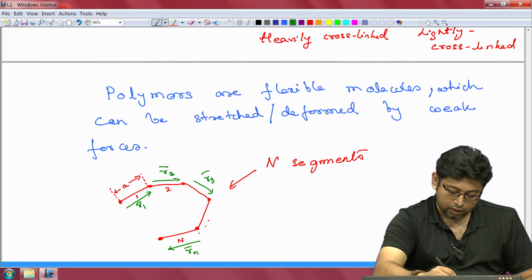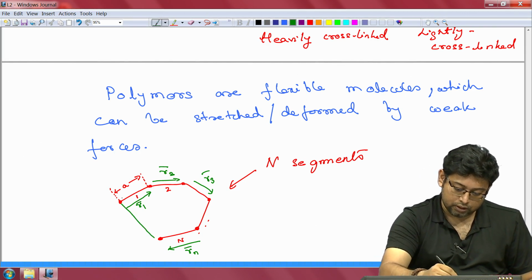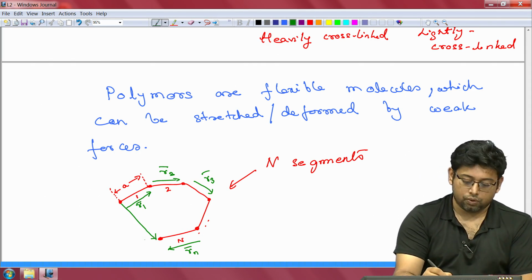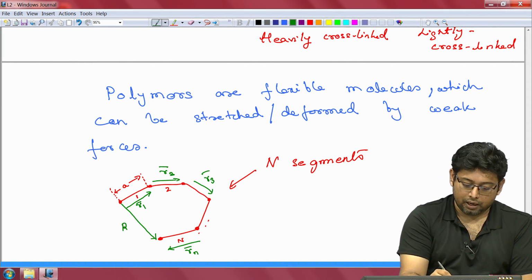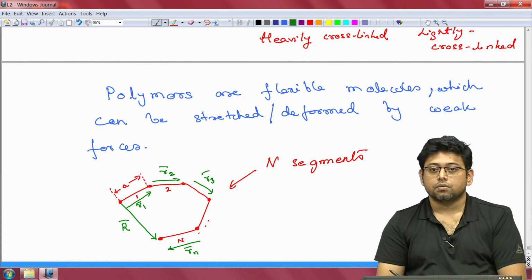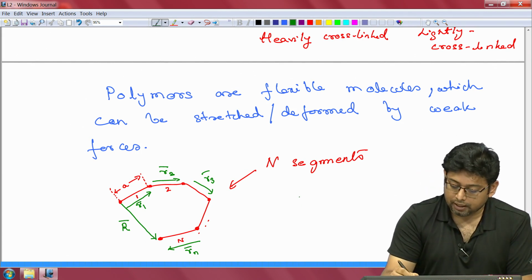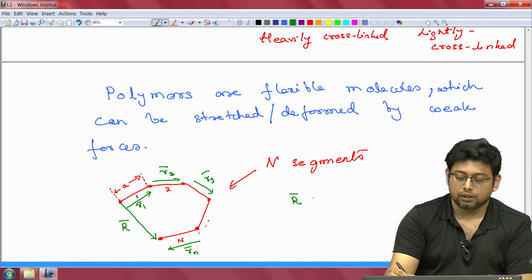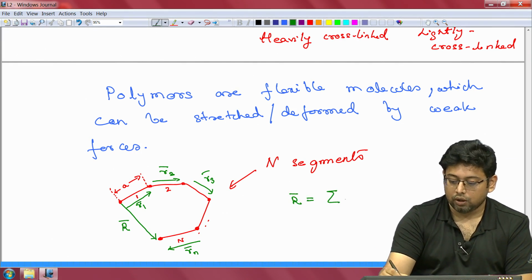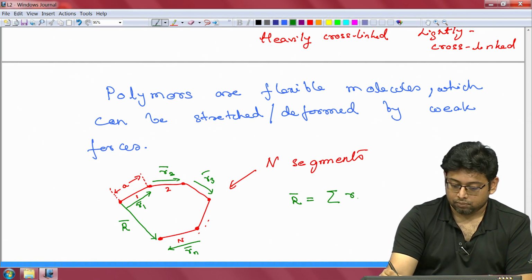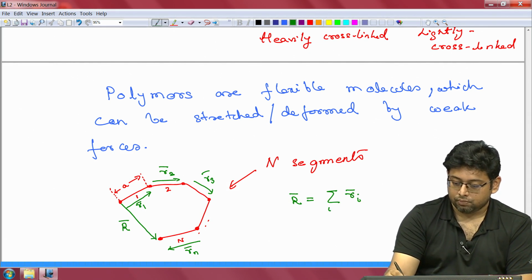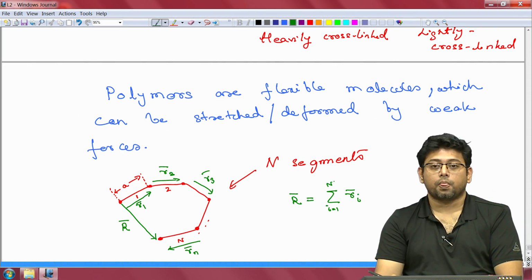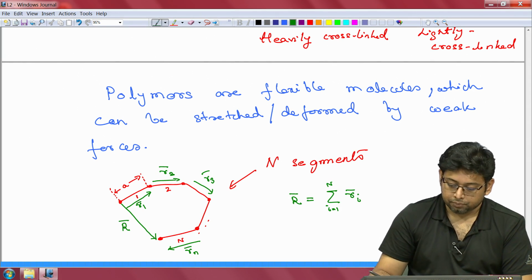And then this final closure: this was the beginning position, this is the last. The distance between the two we will indicate by capital R vector. From vector algebra, you can say that this vector R is a sum of all these small vectors, where we are summing over n.